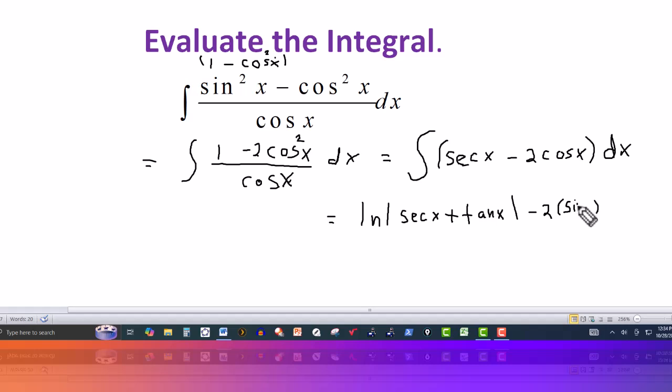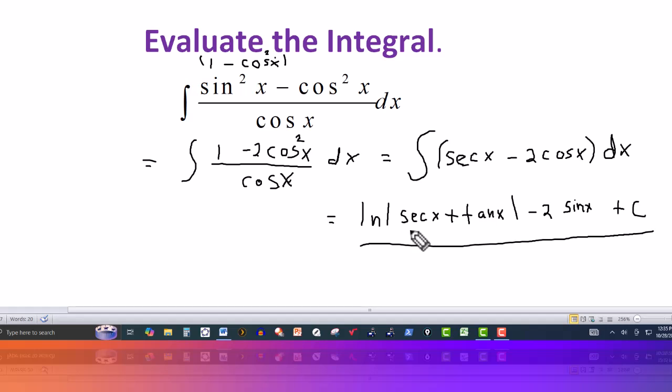Again, that's something you need to know. And then it's plus the constant of integration. And of course the negative comes along for the ride, so we can remove the parentheses here. And this is your final answer.